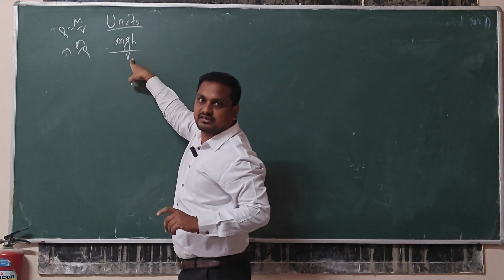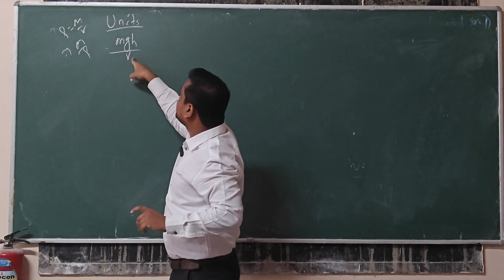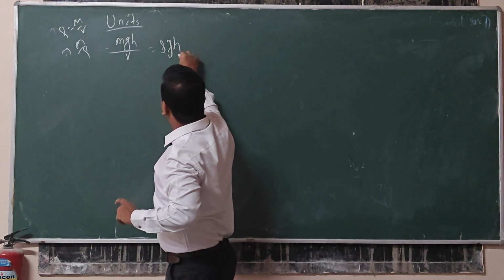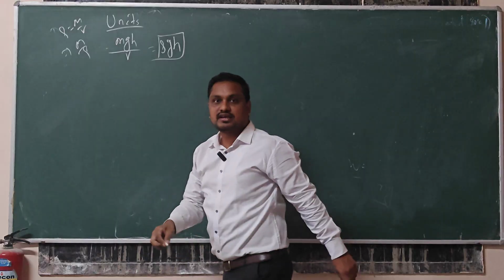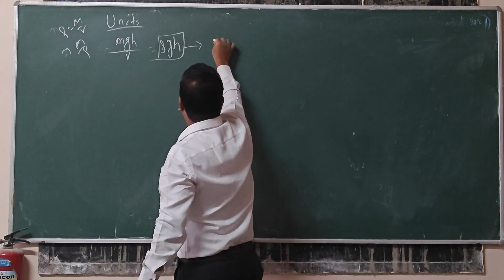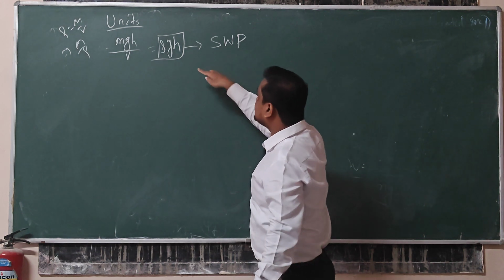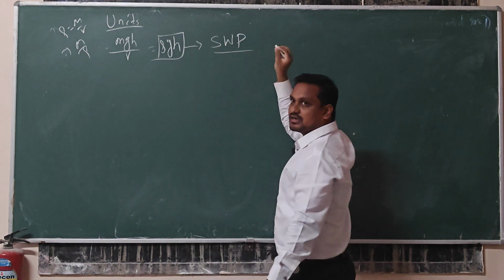If I keep this mass and density value here, I can get rho gh. This calculation is actually your soil water potential.